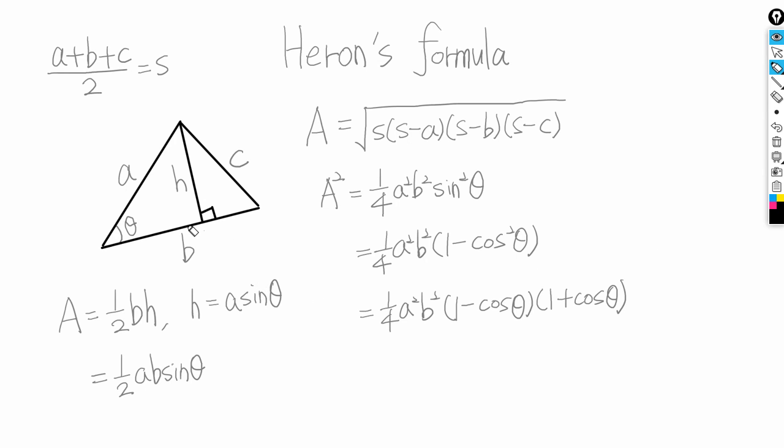And if we use law of cosines in this triangle, cosine theta is equal to a squared plus b squared minus c squared over 2ab. So we can substitute this expression for cosine theta in the parentheses.